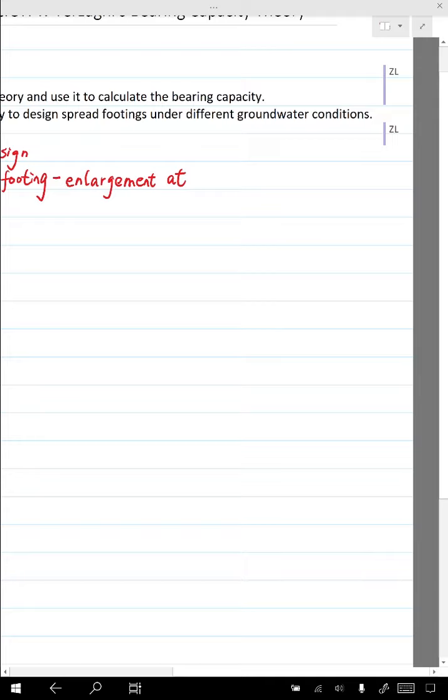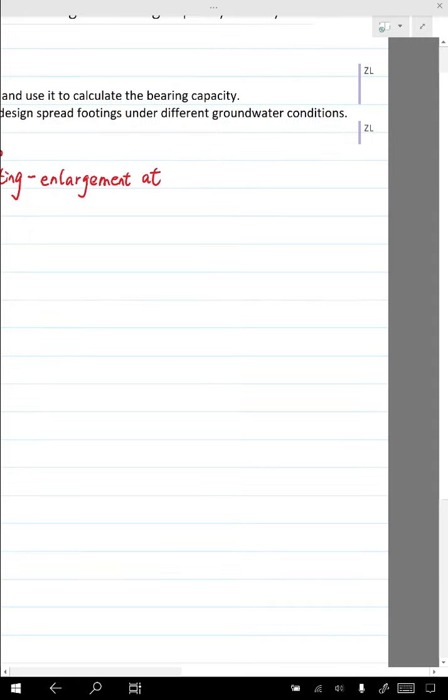If we put an enlargement to enlarge the contact area between the wall or the column and the soil, we will reduce the pressure. In that way, we can sustain a higher load from the wall.